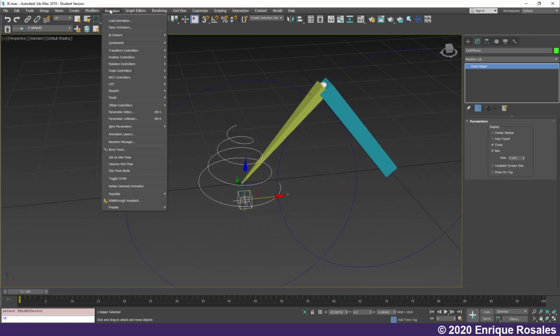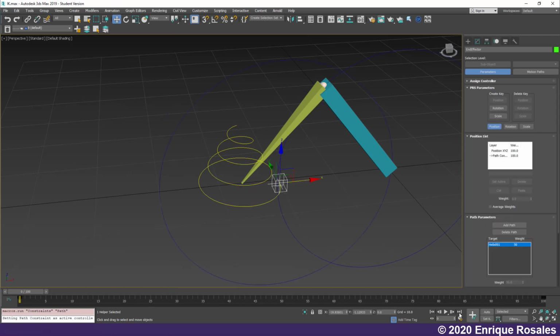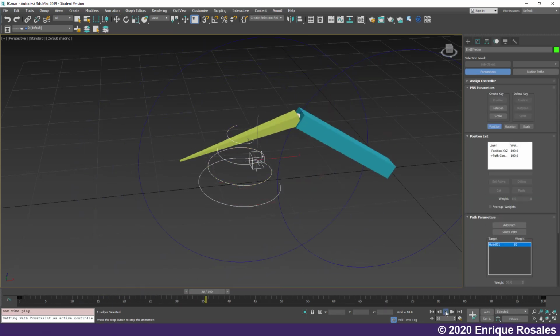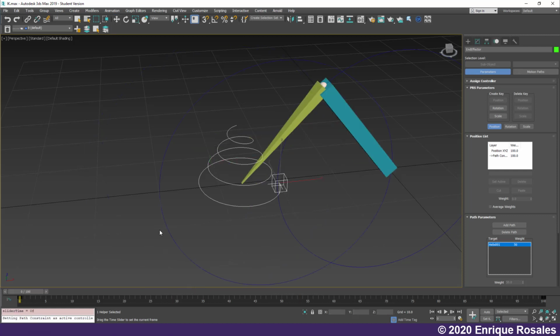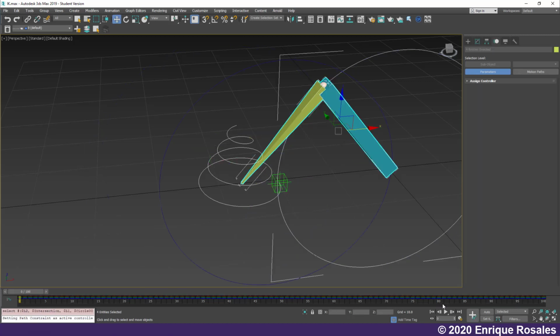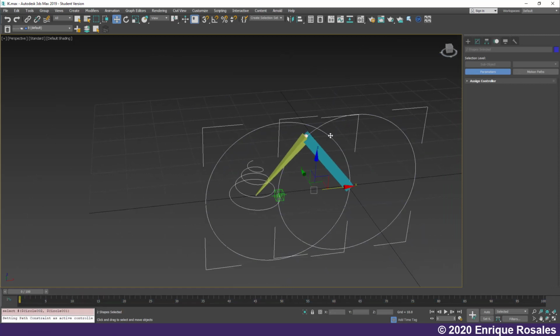So I will get this guy, and I will go to animation, path constraint, and I'm telling this guy basically that he needs to follow this path, right? I mean, this animation is already not valid anymore, right? Because I'm not erasing the animation, so I can take all these objects and erase these frames.